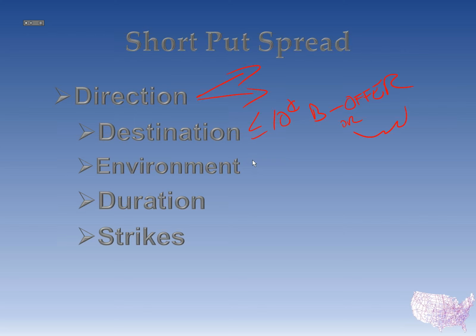Our environment, we have high IV, right? That's our environment. Our duration then would make it want to go to 35 days to expiration, right? Strikes, we're going to go to that 36 delta, and we want a credit of 33 to 25%, all right? The width of the spread, okay?